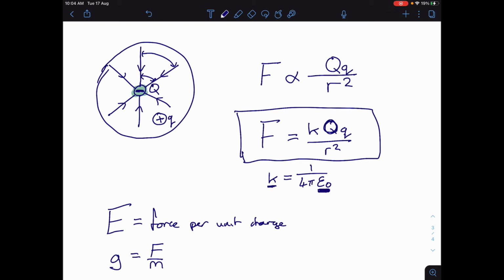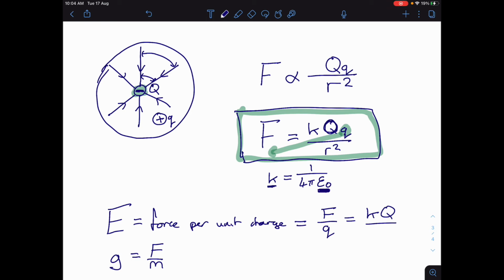F equals mg, so gravitational field strength is force per unit mass, and electric field strength is force per unit charge, which is F over q. You can therefore derive another expression, because if we take this equation and move this q over here, we get an expression for the electric field strength in terms of K and Q: K big Q over r squared.